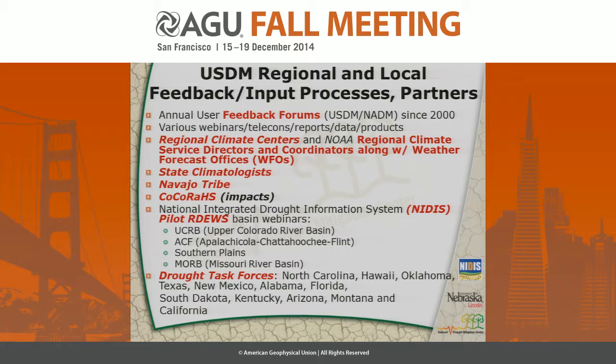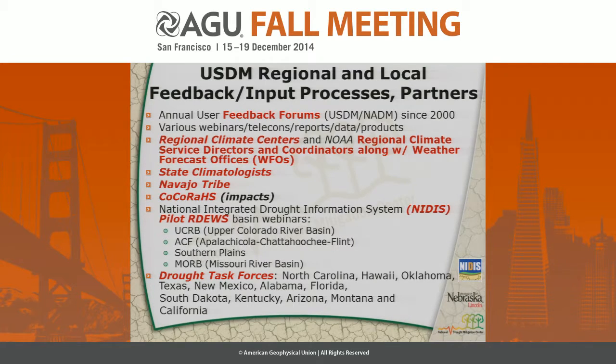The other group we tapped into right away were the state climate offices and the regional climate centers, because they know the climate in their backyard a lot better than we do, trying to cover 50 states in 2.5 days. Since then, we've expanded to more tribal interaction. CoCoRaHS has been a real benefit, this collaborative grassroots effort that collects rain, hail, and snow, and now drought.